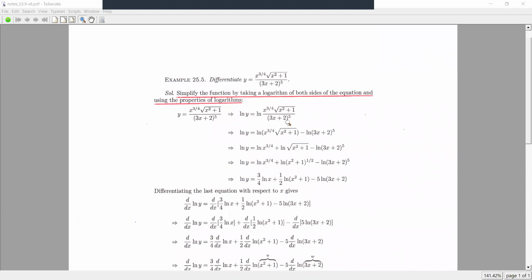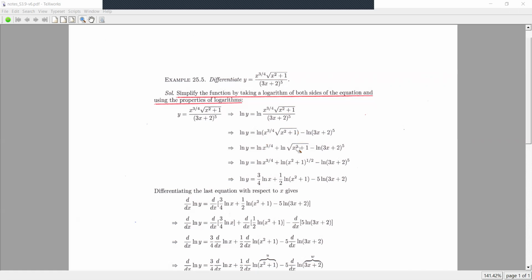By the properties of logarithms, the natural log of a quotient is the natural log of the top minus the natural log of the bottom. The top is a product, this function times this function. The natural log of a product is the natural log of the first function plus the natural log of the second function.